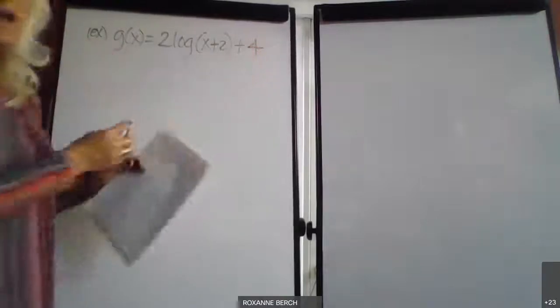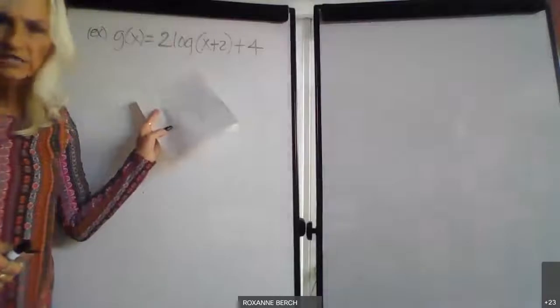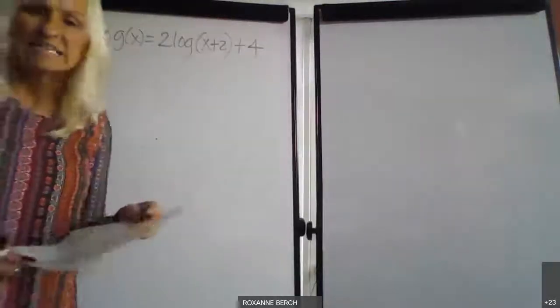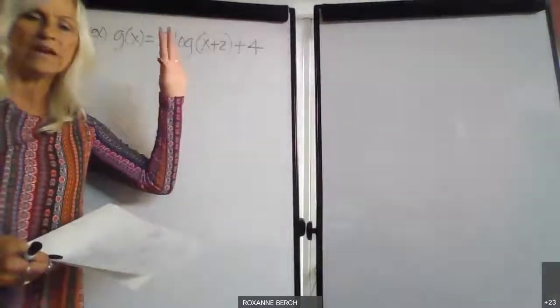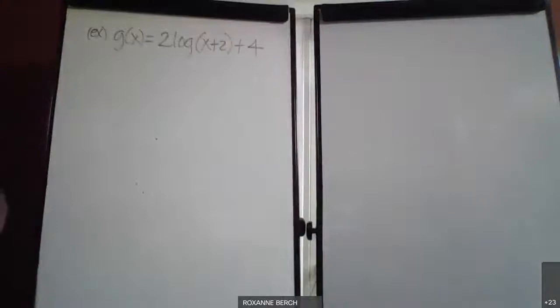Really all I want you to do is graph the parent and the transformed function, but I only want to know the vertical asymptote of G and the domain and range of G. I'll give you a couple minutes to do that.